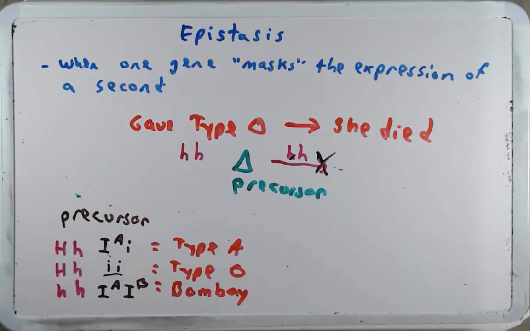And so when they gave her type O, that blood was viewed by her immune system as foreign. And so her immune system attacked the type O blood and ultimately killed her. So in reality, type Bombay is really the ultimate universal donor.